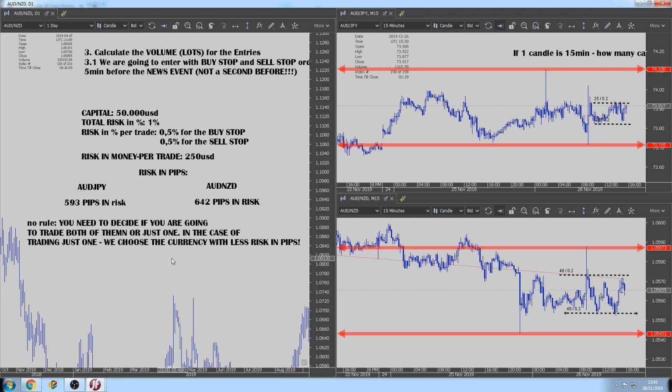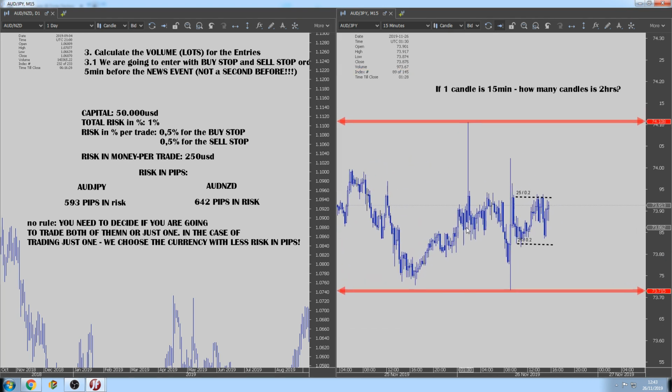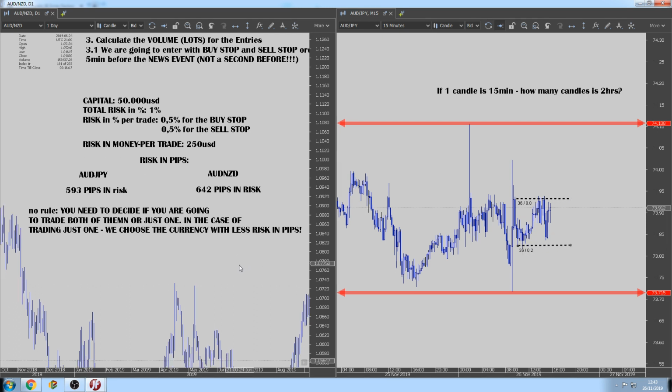Okay, so as a beginner trader, I'm going to go with one. So I'm going to cancel, bye-bye AUDNZD, and I'm going to straddle only AUDJPY because it gives me less risk in pips, in points. It's a decision, okay, everybody.